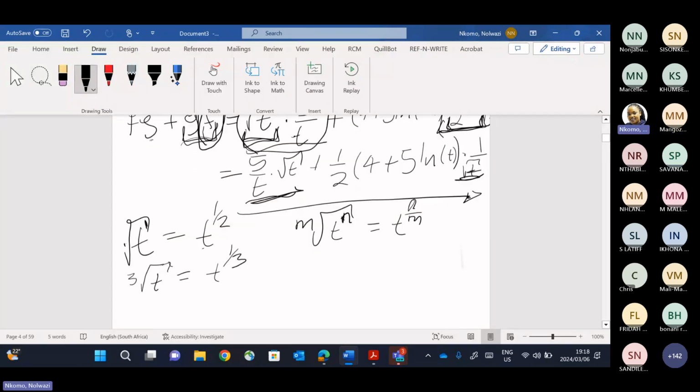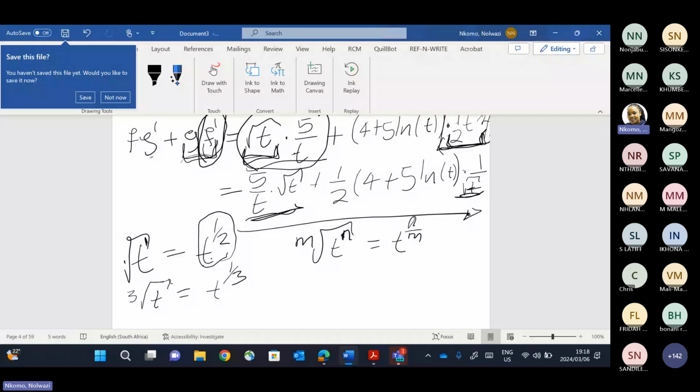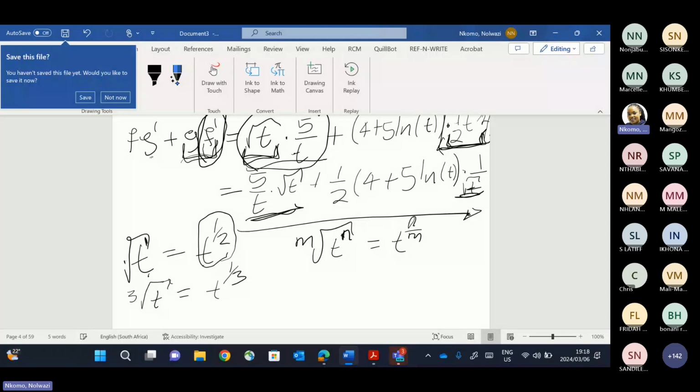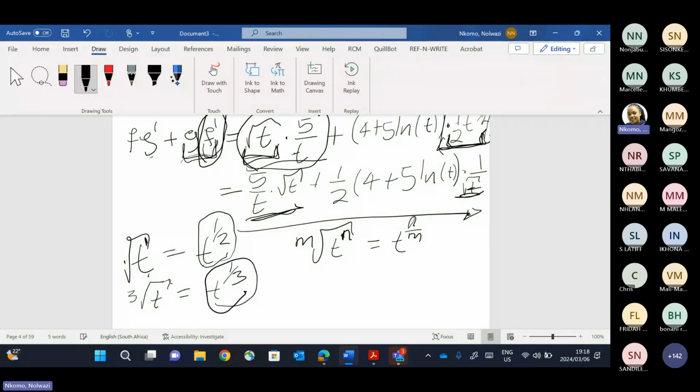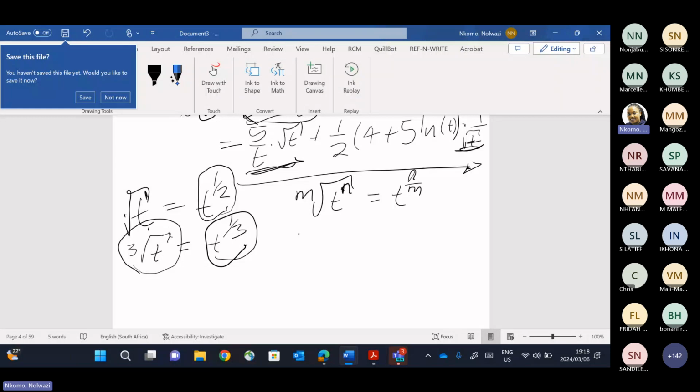So if you have t to the power a half, you can write that as square root of t. If you have t to the power 1 over 3, you can substitute that with cube root of t, right? And then again, if you have 1 over n squared, this is the same thing as n to the power minus 2, right?